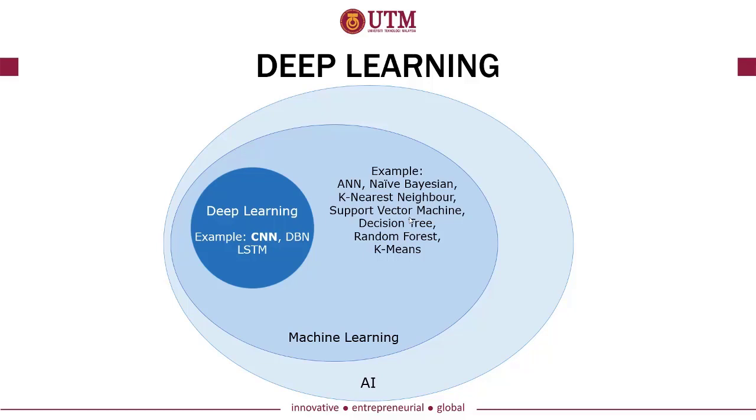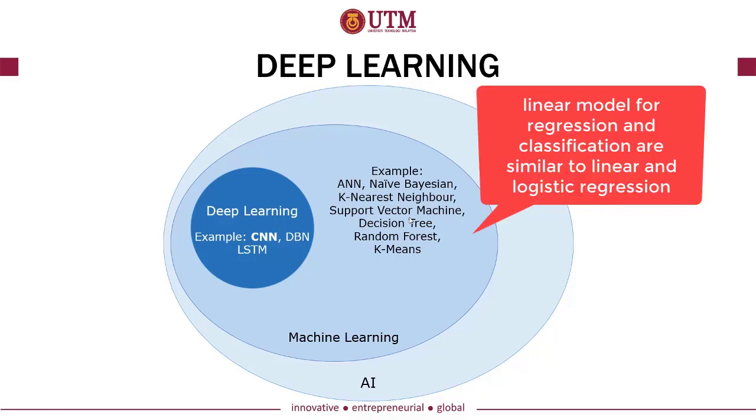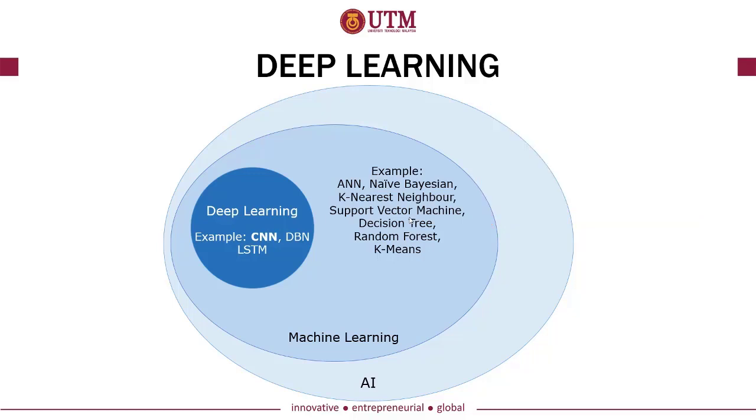Like I said before, in what we have learned so far, in the earlier chapter you were introduced to the linear model for classification and the linear model for regression, and after that we talked about artificial neural networks. I already told you that one single neuron can be represented by linear logistic regression.